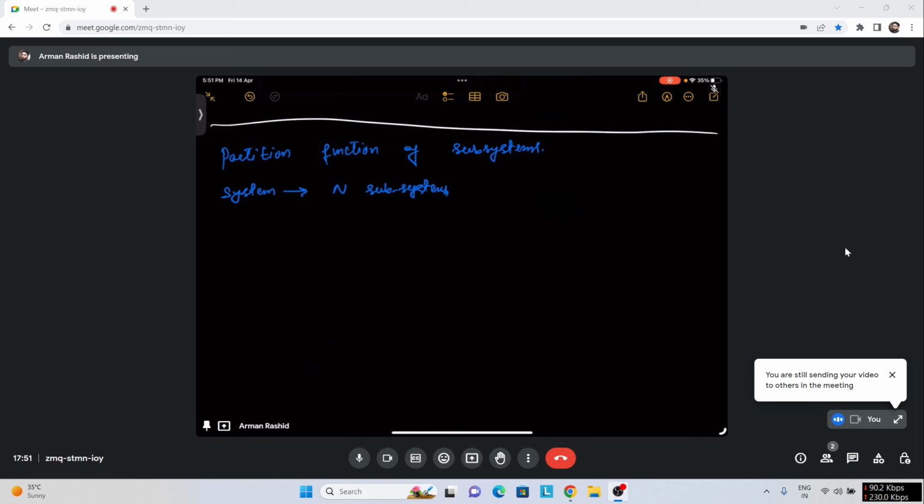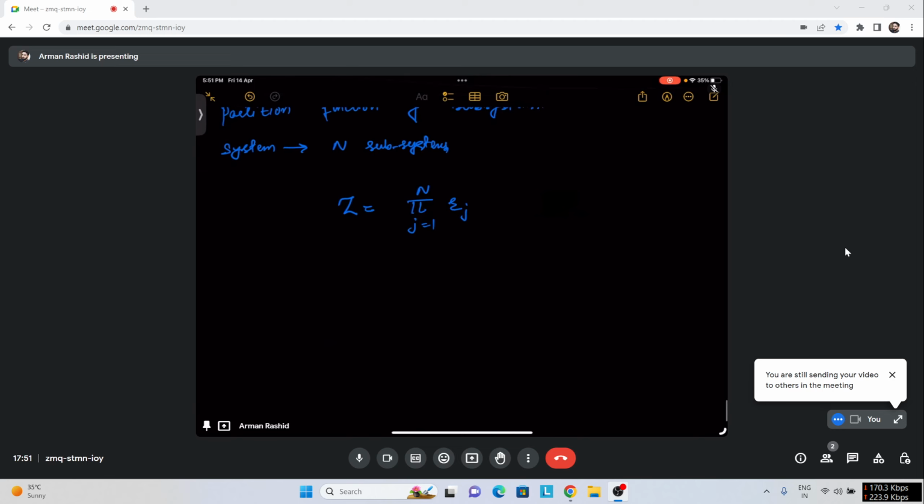So the partition functions will be zeta 1, zeta 2, zeta 3. Therefore the total partition function Z will be given by the multiplication of all the partition functions, given by the product of zeta j. This I will derive in the next session.